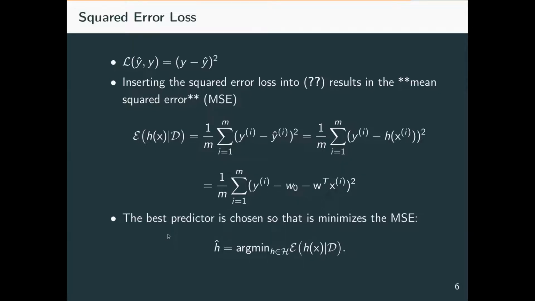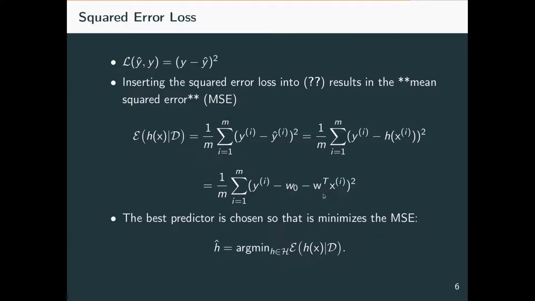To choose the best predictor, we need to minimize this function. So we are going to pick the function that belongs to this hypothesis space where the average loss is minimized, which actually corresponds to picking the weight W for which the average loss is minimized.